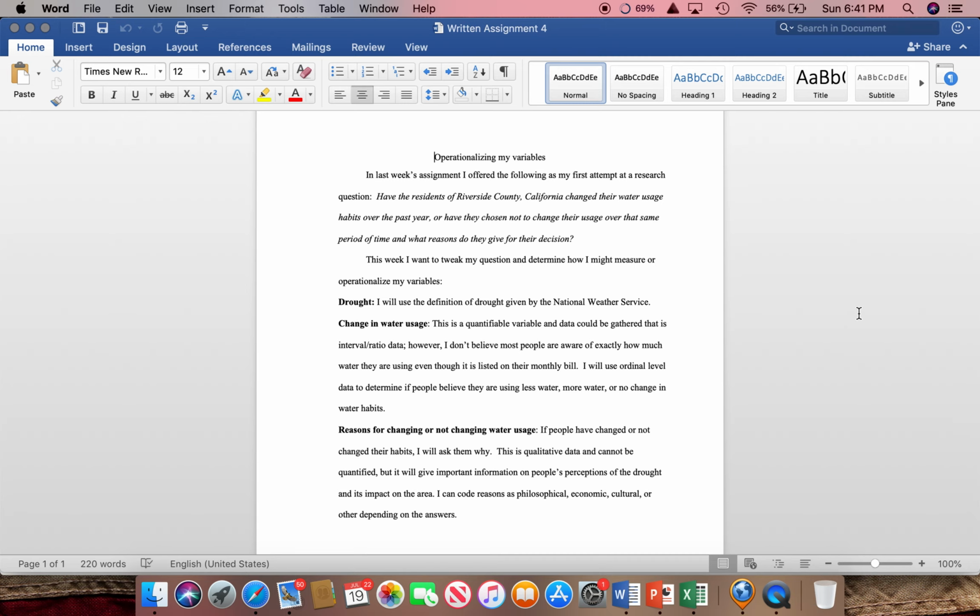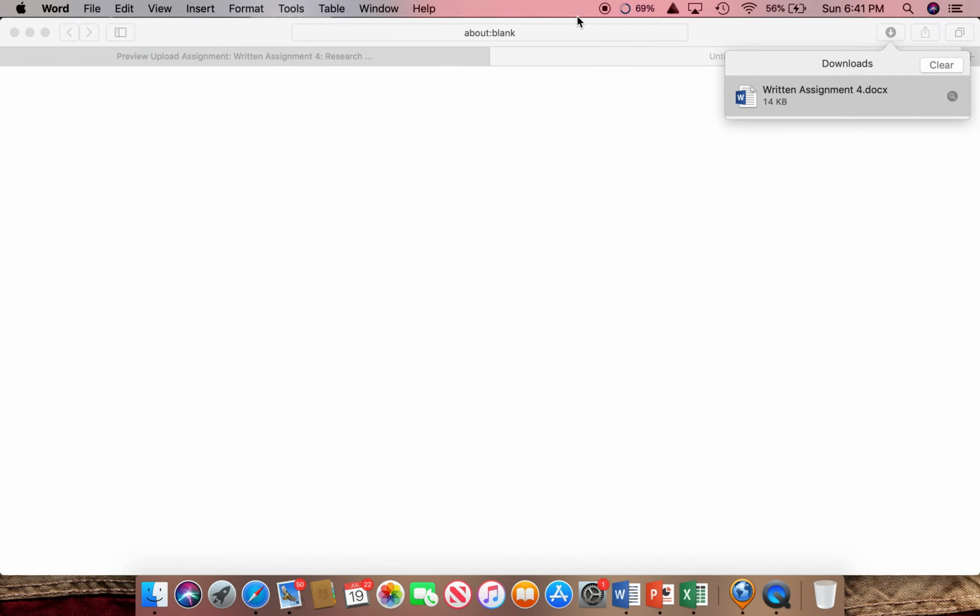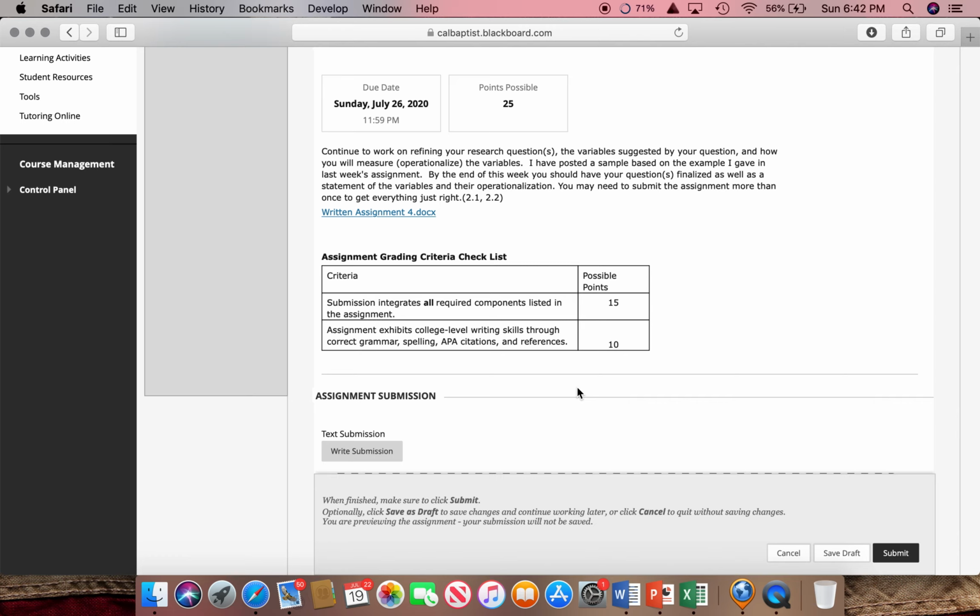This week we need to operationalize those variables. So the first is drought. I will use the definition of drought given by the National Weather Service. Then change in water usage, I'll give my example, and reasons for changing or not changing, and how you will measure that. So read through the example, and then for each variable that you have within your research question, I need you to operationalize. It's that simple.